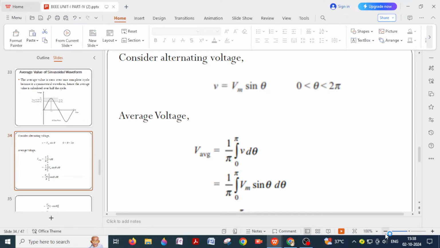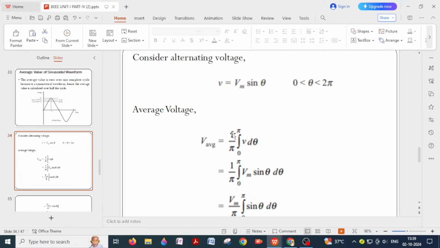If the alternating voltage of this sine wave is given by V equal to Vm sin theta, then the average value for half cycle is given by 1 by pi integral from 0 to pi of V d theta. If I want to determine the average of this alternating voltage, V average is equal to 1 by pi integral 0 to pi V d theta.